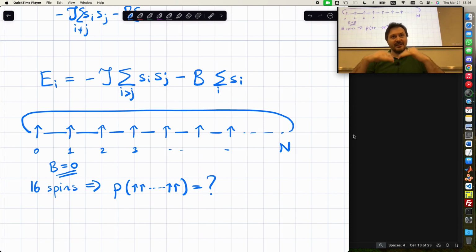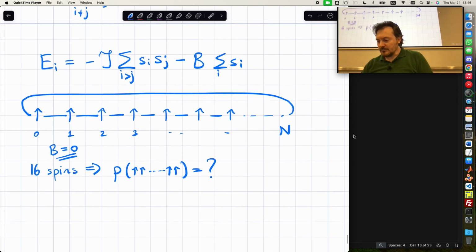Hence the probability is increased. But then there is only just one state that has that property. Then just flip one spin. How many of such states do we have? 16 such states, right? The first one could be flipped, the second one could be flipped. What is the disadvantage? We lose a little bit of that energy favorability, right?